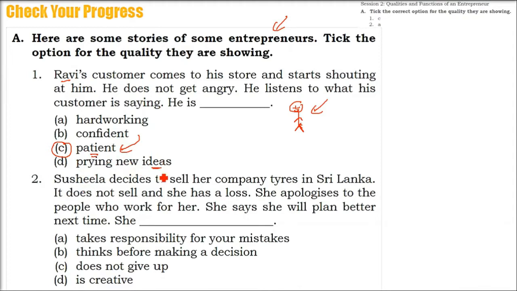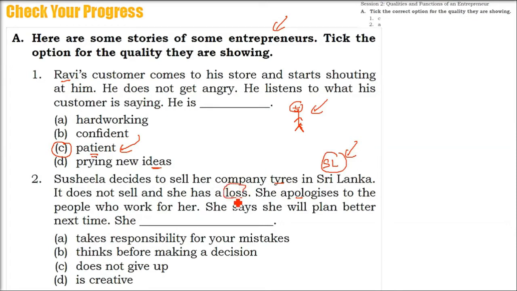Next is Sushila. Sushila decides to sell her company's tires in Sri Lanka. This was never tried before, but now she has an idea that is being tried. Now it was not sold there. She had a loss. Now she apologized to the people who work for her. She may say, okay, I'm taking the responsibility of the loss, but we will be selling it somewhere else.